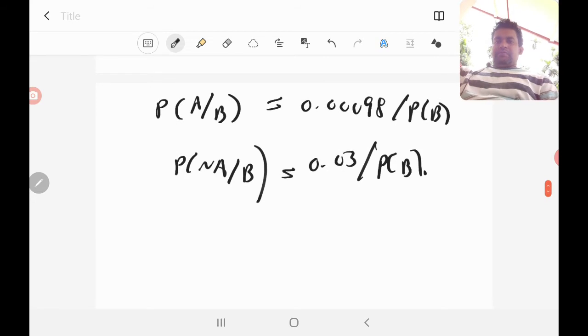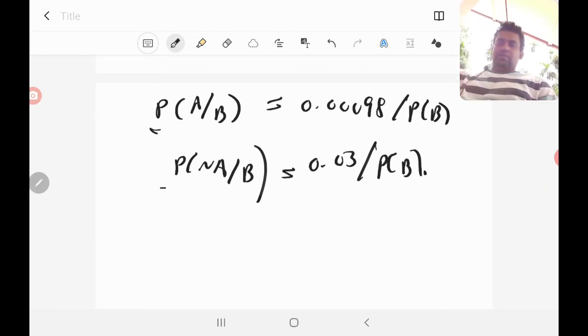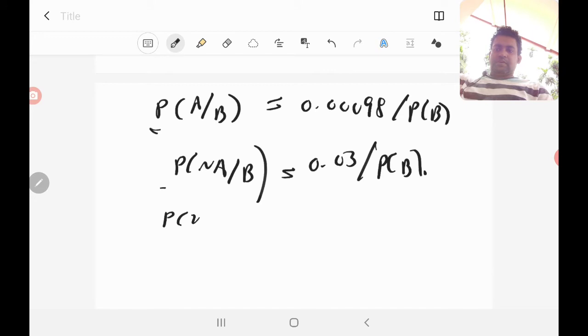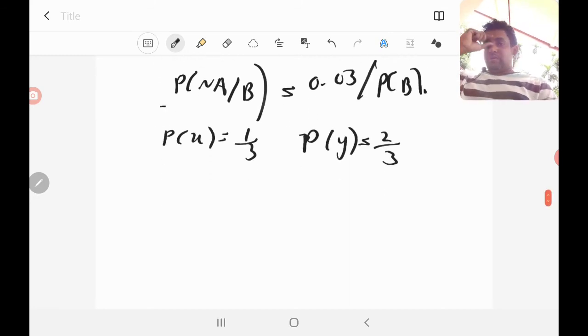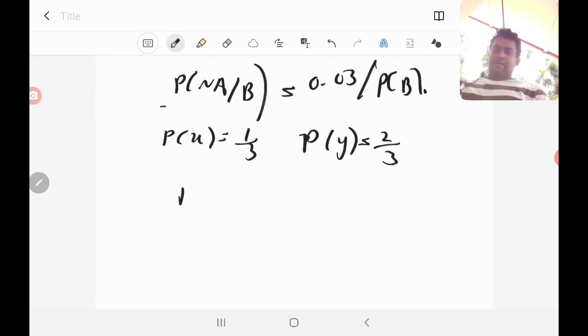Now we want to get rid of this PB term. We know that these are the only two outcomes if the test is positive. If we take another example, like Px is 1 over 3, Py is 2 over 3, x and y are the only two possibilities.